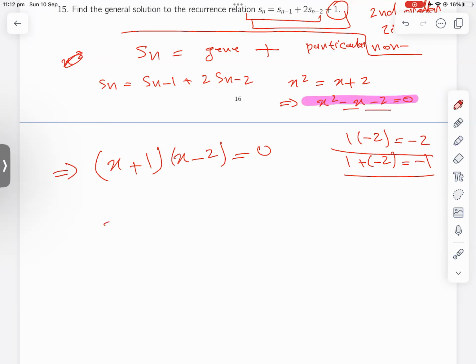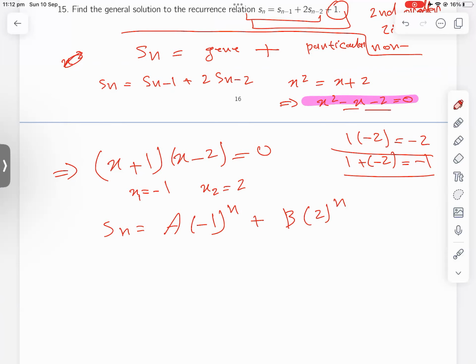Therefore the general solution for this part is a times -1 to the n plus b times 2 to the n, where R1 is -1 and R2 is 2.